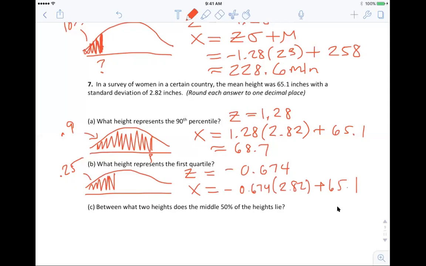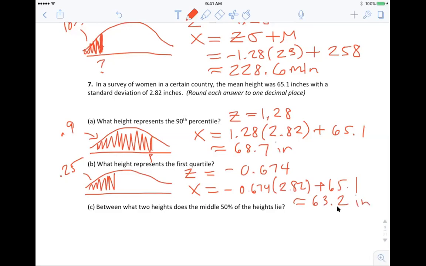Doing my best. Okay, so I'm punching this in. And that's looking like about 63.2. Okay, rounding to 1 decimal place on that. And these are all in inches, right? So these are raw data values, so inches to be clear.